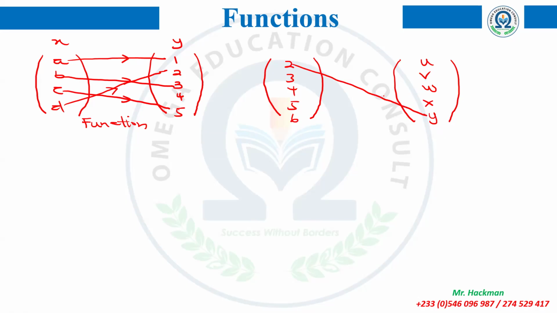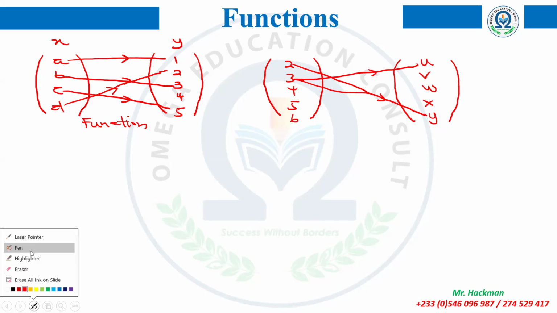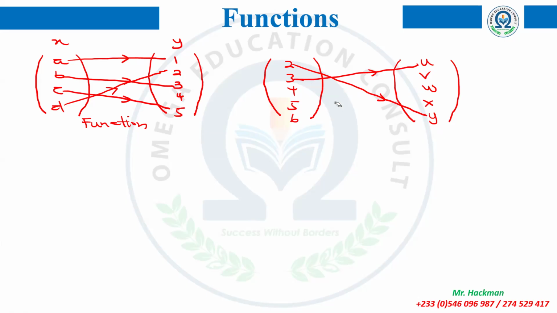So 2 maps onto Y. 3 maps onto U. Let me clear that, forgive me. I hope I'm recording. Am I recording? You can determine that from your end as well.